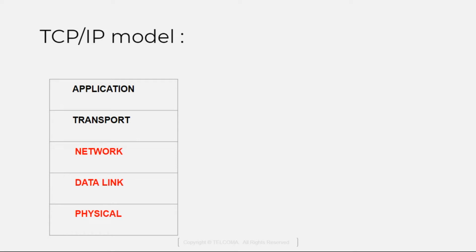This model looks like this. It has 5 layers: physical, data link, network, transport and application. The networking model, also known as networking architecture or networking blueprint, is a complete set of all the documents.